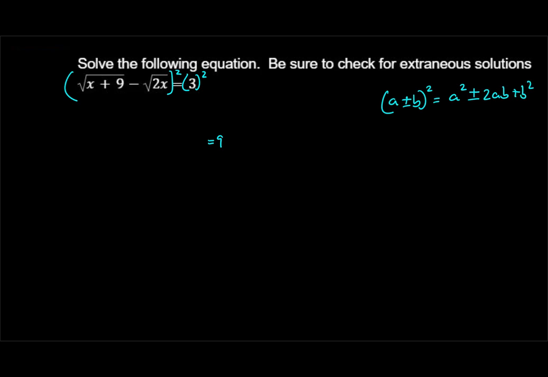So in other words, this will be the square root of x plus 9 squared, keep the sign the same, twice a, which is the square root of x plus 9, times b, which is the square root of 2x, then plus b squared, which is the square root of 2x squared.